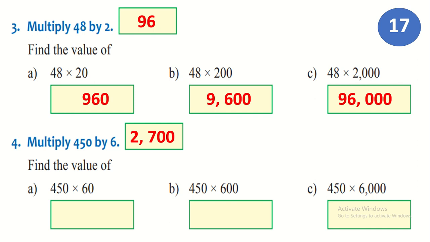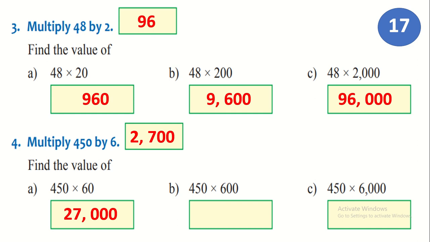Now find the value of letter A. Letter A is 450 times 60, but we now have 450 times 6, so you add only 1 zero. The answer is 27,000. Correct, students?